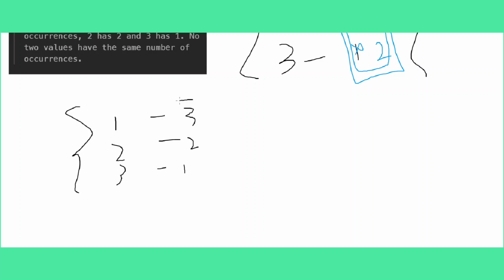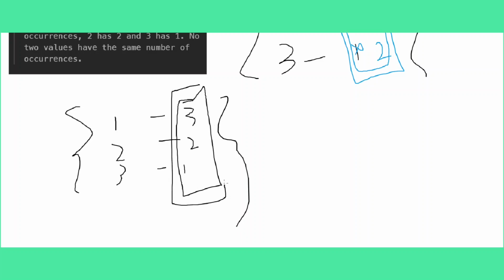I just need these values, and I want to count the unique set of these values. Now, if the length of these unique values is equal to the length of the unique items that I have received, then that means that I have unique occurrences, right?